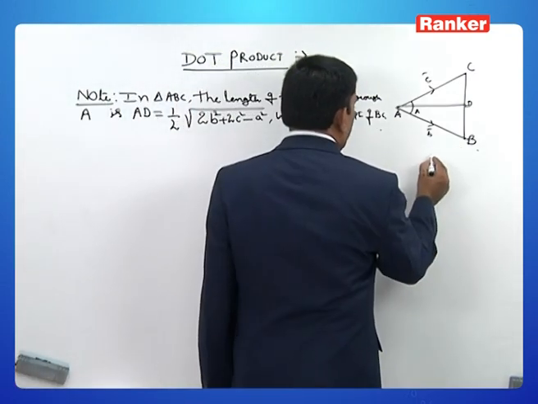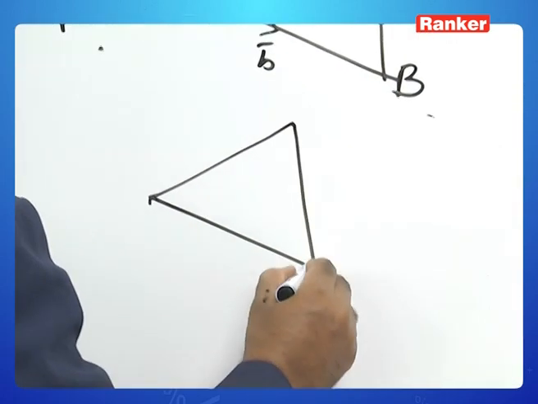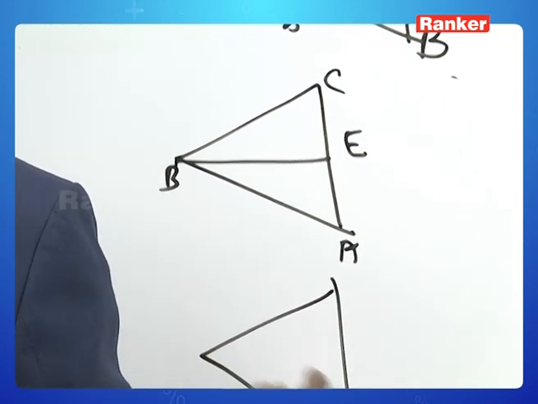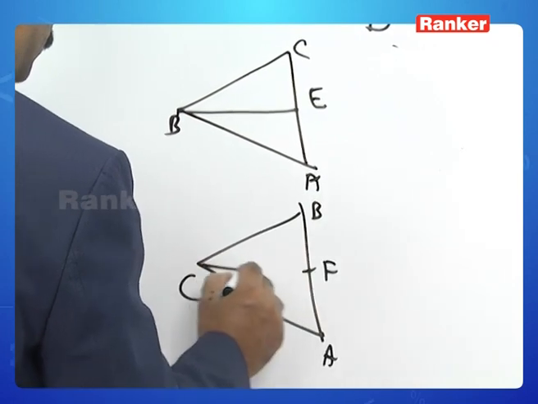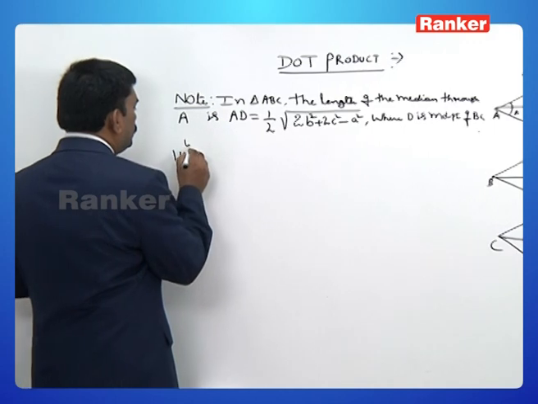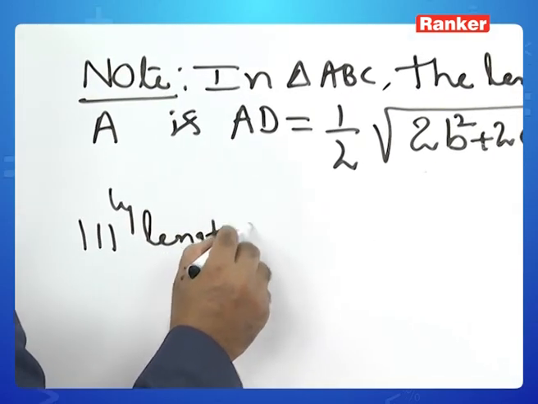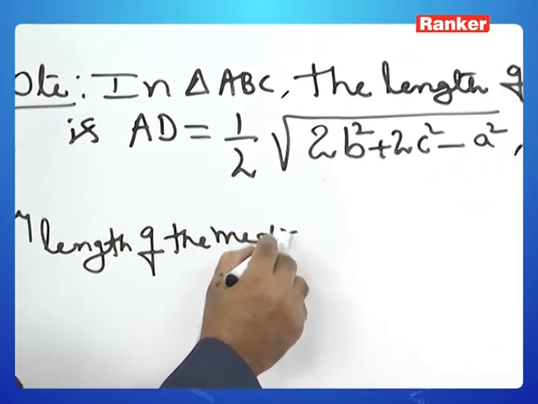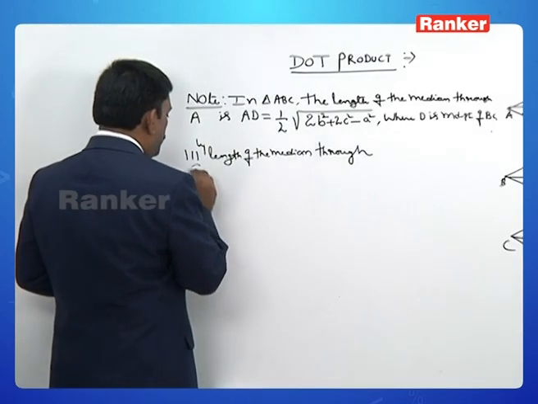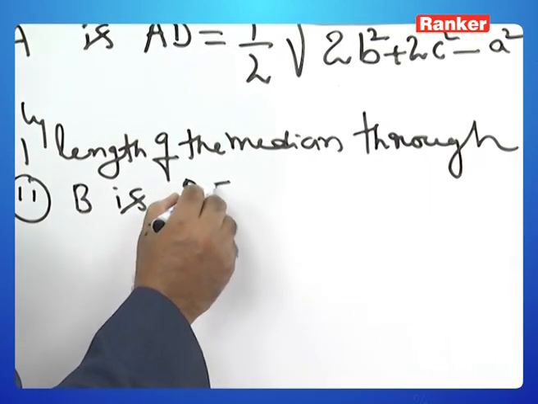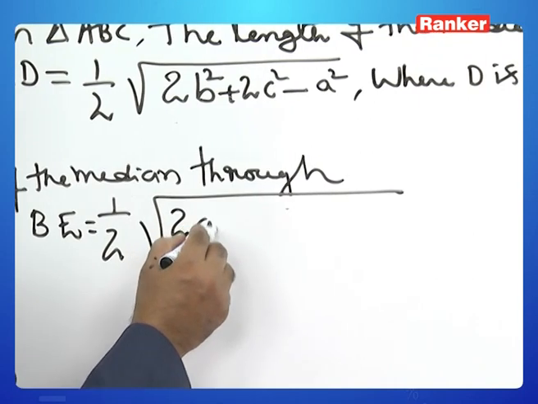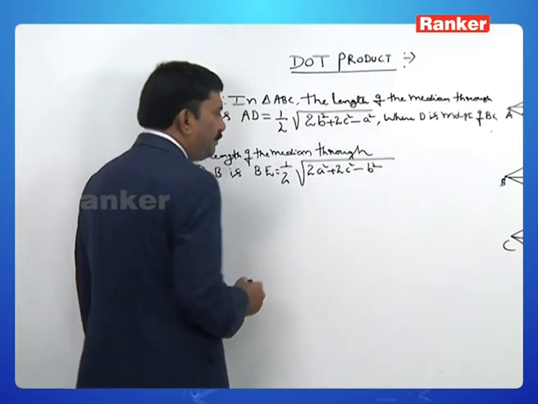Similarly, the length of the median through the second one, B, is BE equal to half into square root of 2a square plus 2c square minus b square.